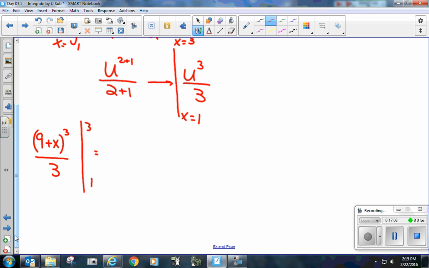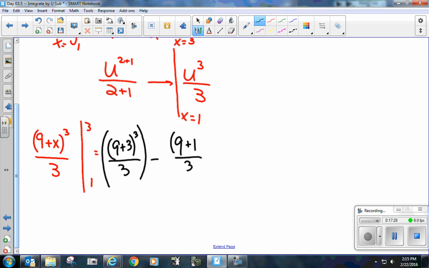Okay, and we've done this already. I throw a 3 in here for my x, I evaluate it, then I subtract, throwing a 1 in for my x. So it is 9 plus 3 cubed all over 3. That's what happens when I throw a 3 in there. Subtract what happens when I throw a 1 in there: 9 plus 1 all over 3, and the 9 plus 1 on top is cubed. Okay, you guys all see what I did? All I did was throw my 3 in for x, evaluate it, and then subtract throwing a 1 in for x.